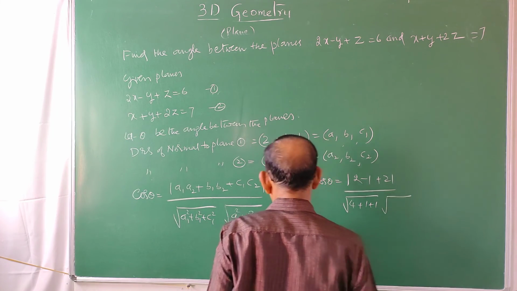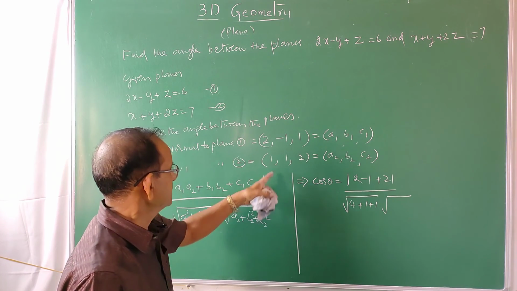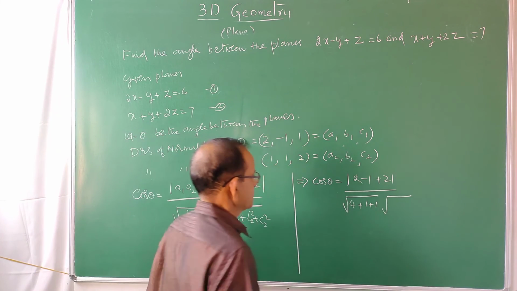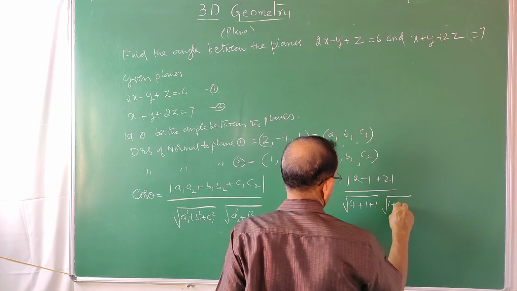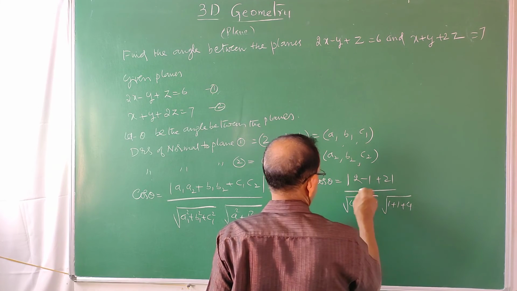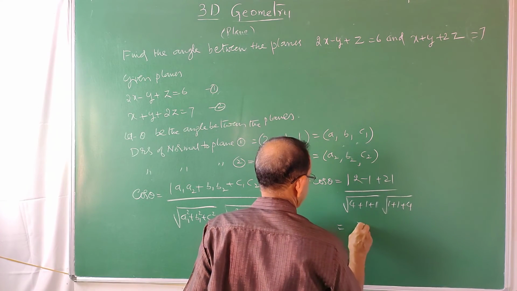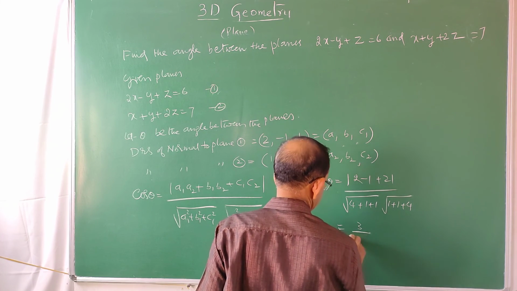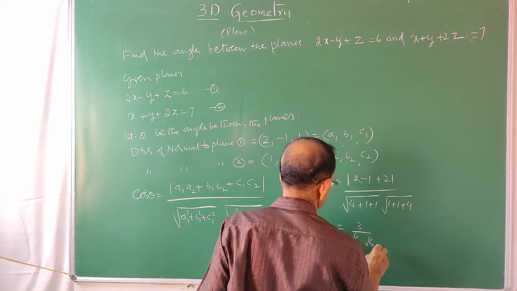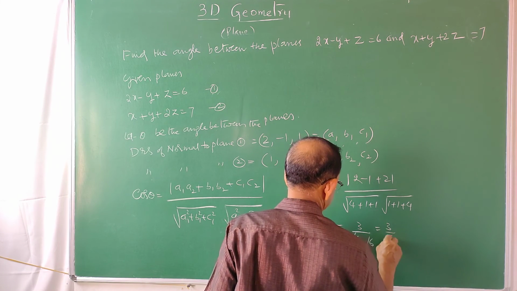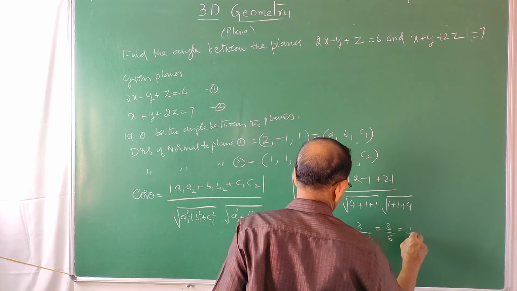Similarly, a2 square + b2 square + c2 square is 1 square + 1 square + 2 square, that is 1 + 1 + 4. Here 4 - 1 is 3, divided by root 6 into root 6, that is 3 by 6, equal to 1 by 2.